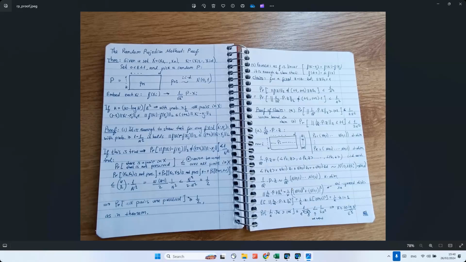Now we just do the inequality here and solve it for k, because we want to ask ourselves for which values of k this is true. What should be the dimension we embed into so that these inequalities are all true? From here we see that we have to pick k to be at least this number, the number we actually guaranteed in the theorem.